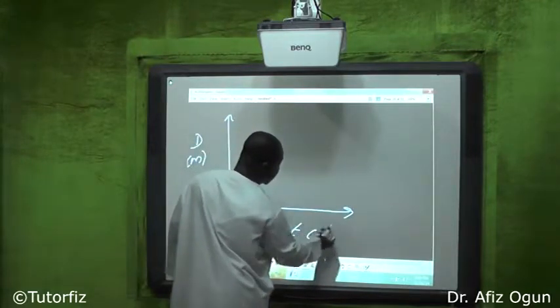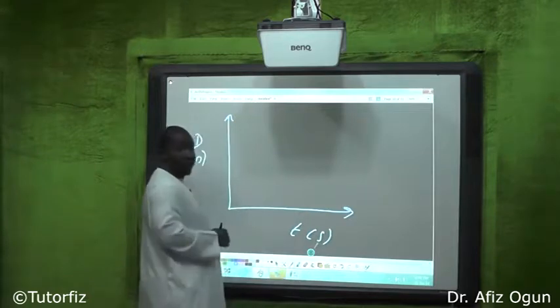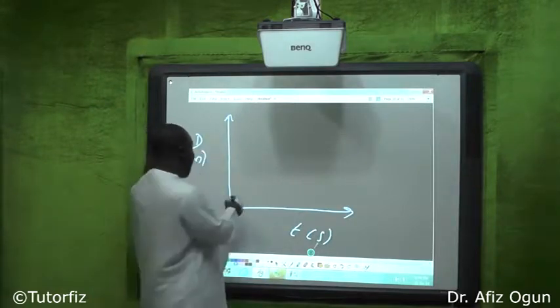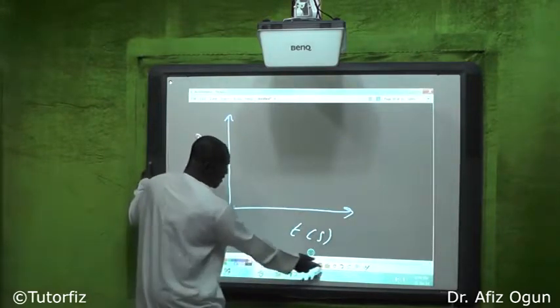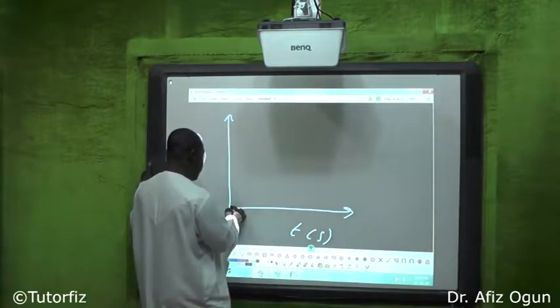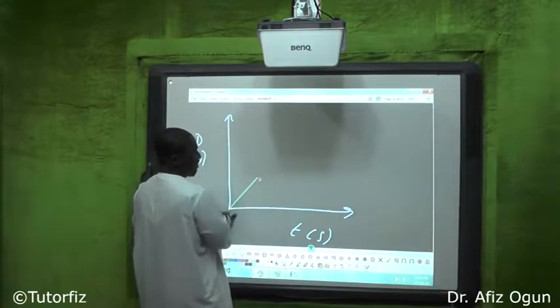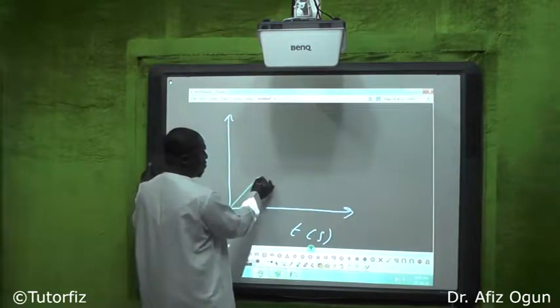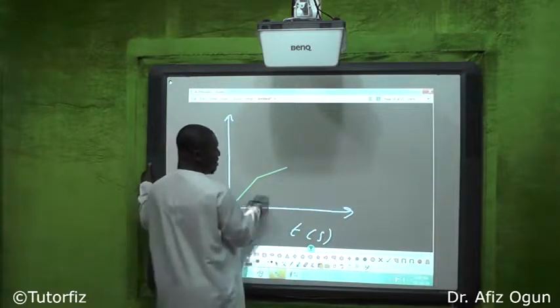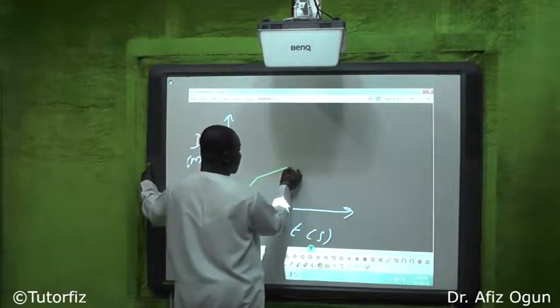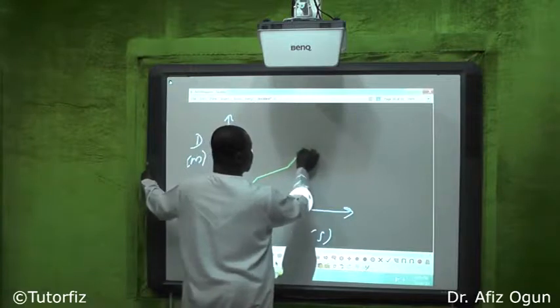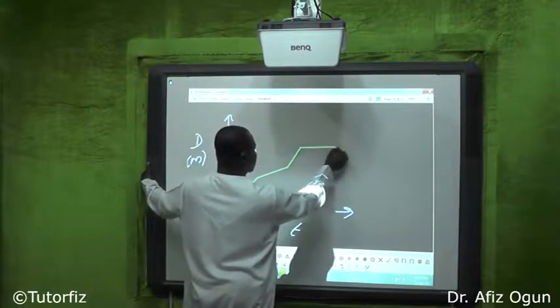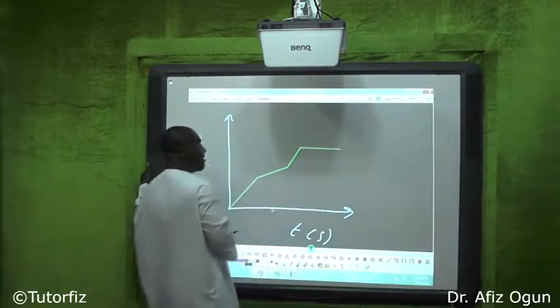Let me just draw it as a sketch this time. I don't want to go into the grid again. It doesn't really matter. I have the body moving like this initially, then the body moves like this later, then like this later, then like this later. What does this tell me?